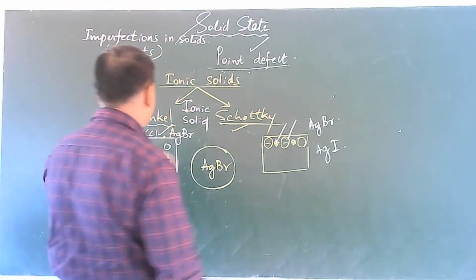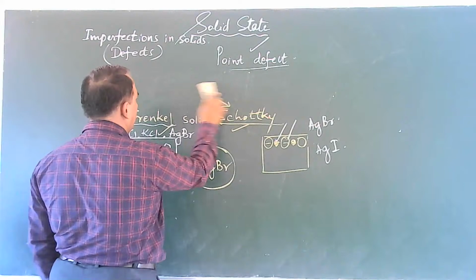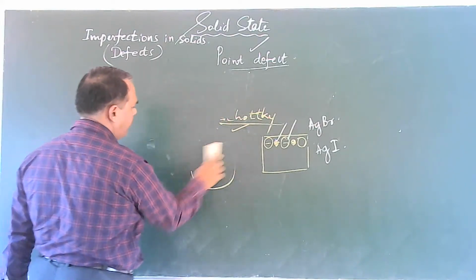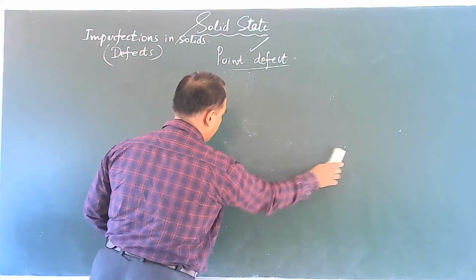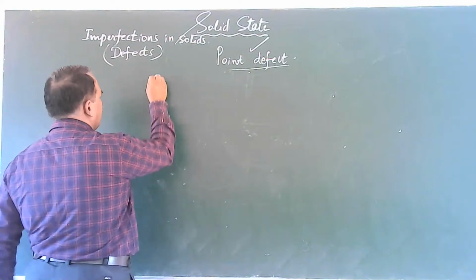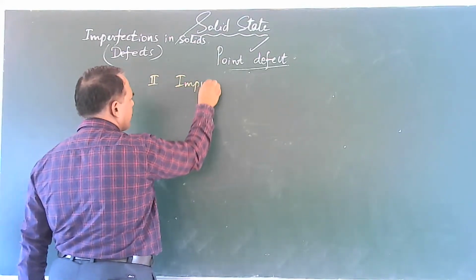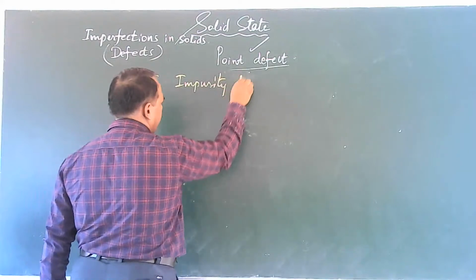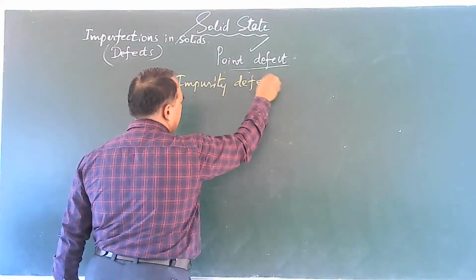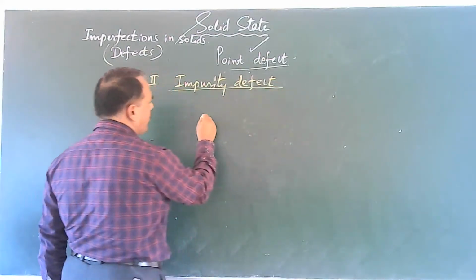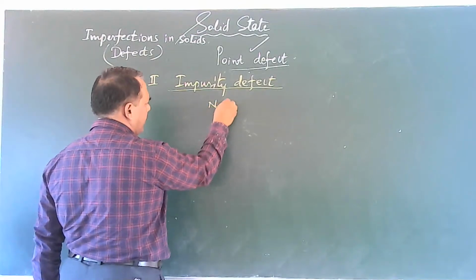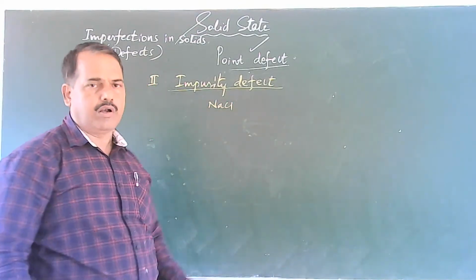Okay, then next we have to study the impurity defect. Impurity defect, the second one. See, in impurity defect, take the example of sodium chloride.